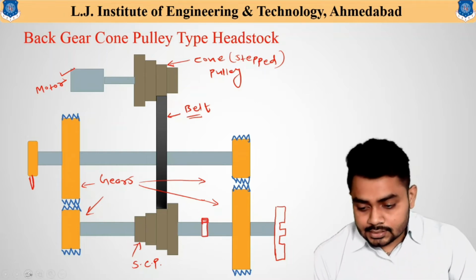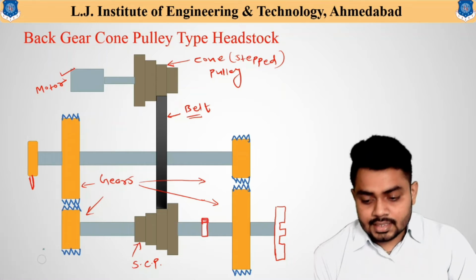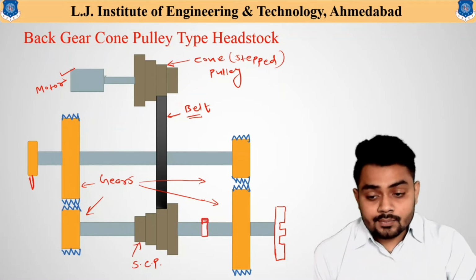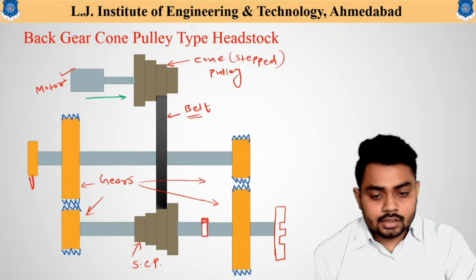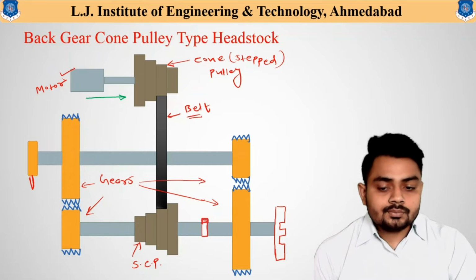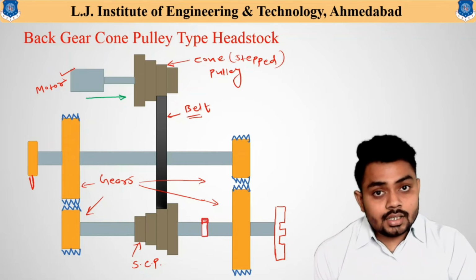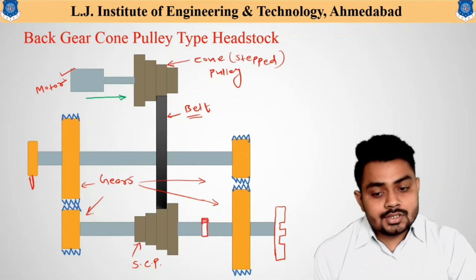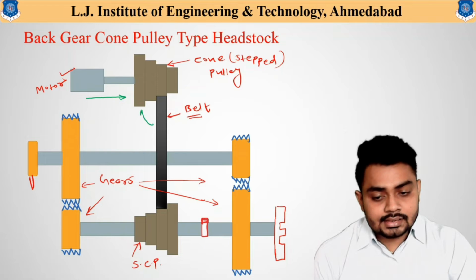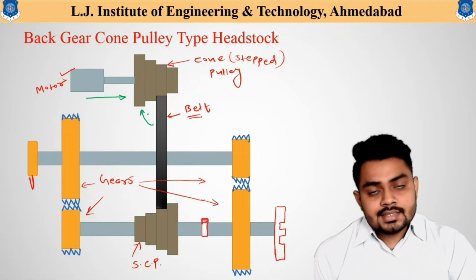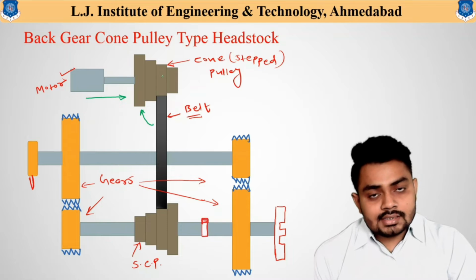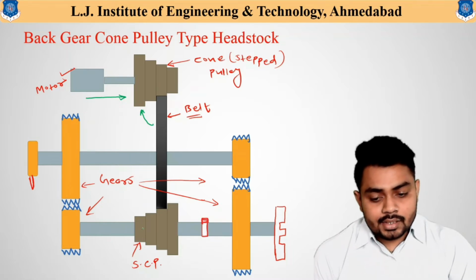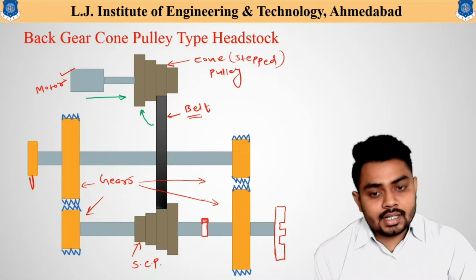Now let us understand first how the power is transmitted. As you can see, when the motor operates, this motor transmits power to this cone pulley, and on this cone pulley there are four different steps available, so this belt can be arranged in these different steps. Whatever step this belt is arranged at, the same step is used on the other stepped cone pulley.